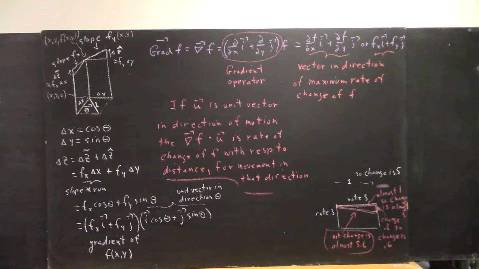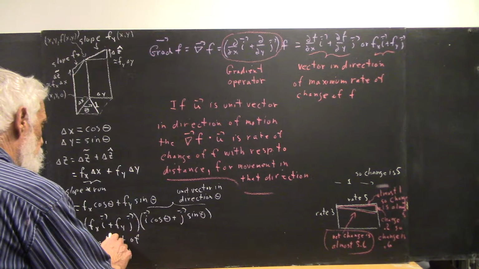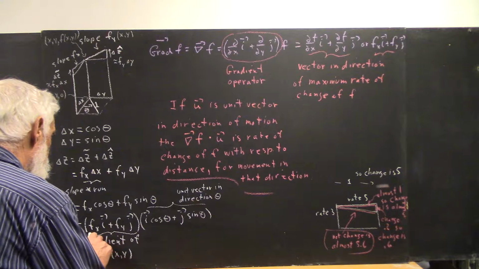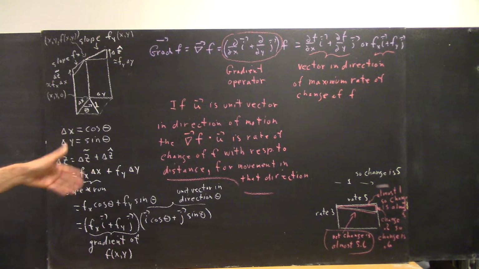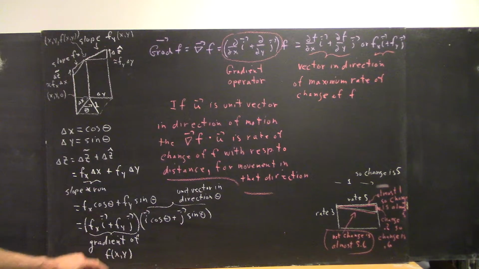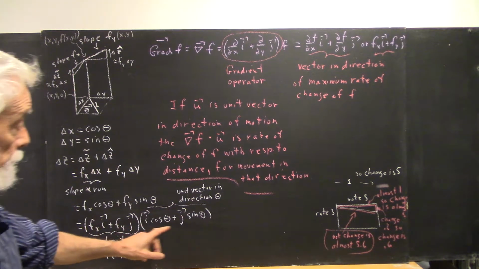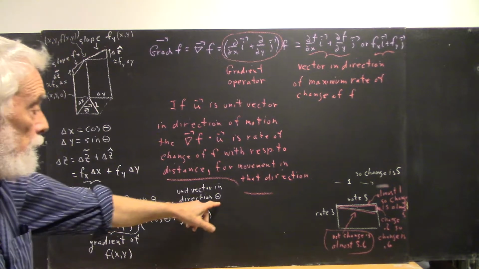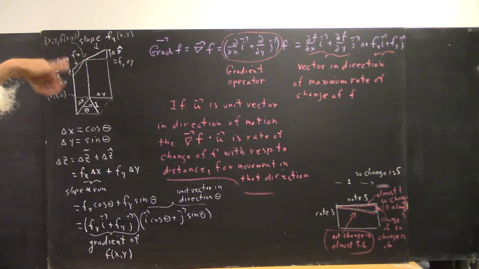Now this vector that we've found here is what we call the gradient of the function f(x,y). And this is just a unit vector in the direction theta, where theta is implicitly the direction measured counterclockwise from the positive x-axis.